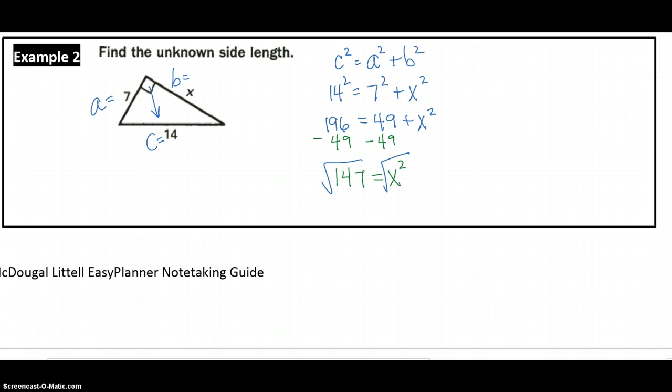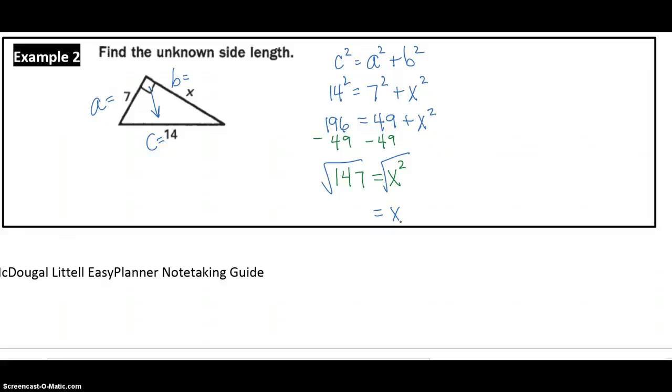And if you take the square root of 147, what do you get? We know that the square root of 144 is 12. Square root of 169 is 13. So is this going to be exact? No, it's going to be between 12 and 13, right?